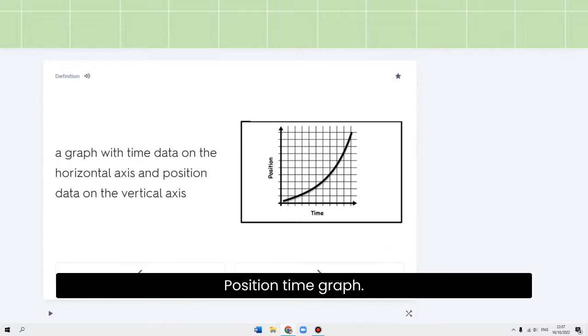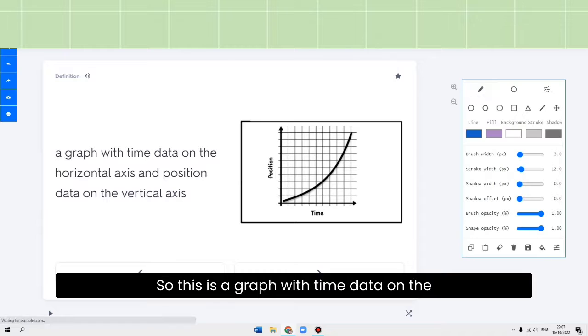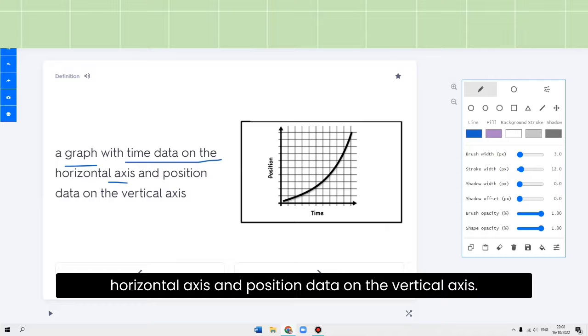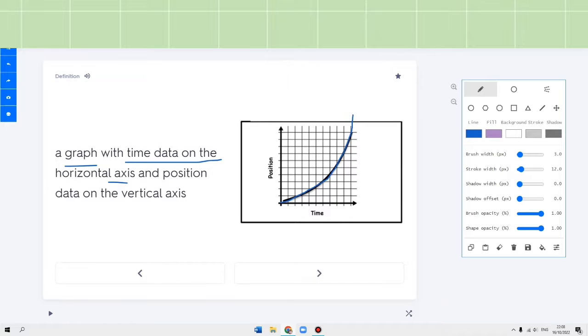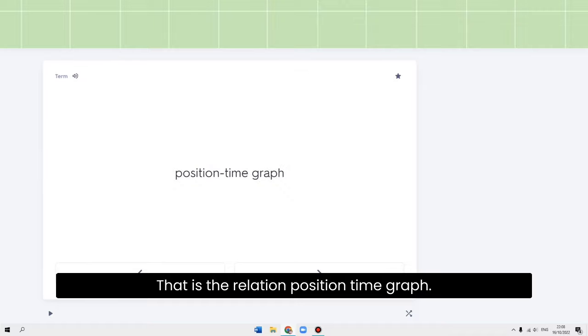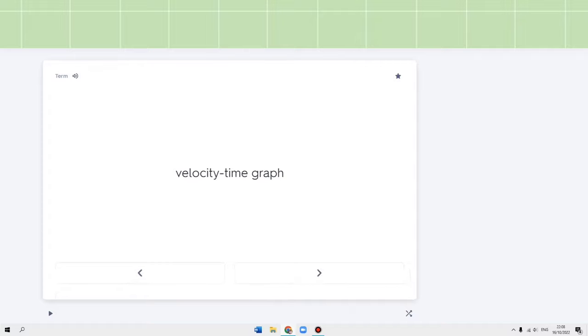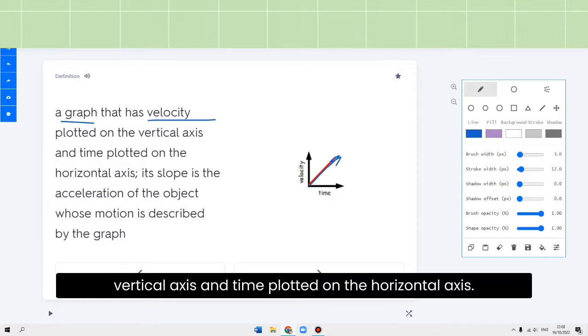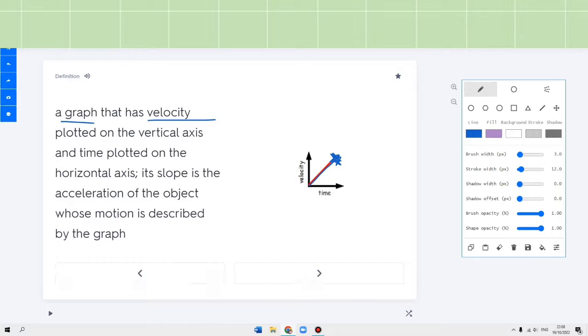Position-time graph. This is a graph with time data on the horizontal axis and position data on the vertical axis. As you can see, it is slowly going up. That is the relation. Then there is the velocity-time graph, which has velocity plotted on the vertical axis and time plotted on the horizontal axis.